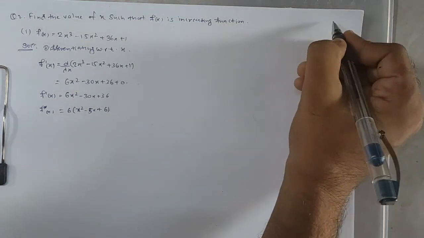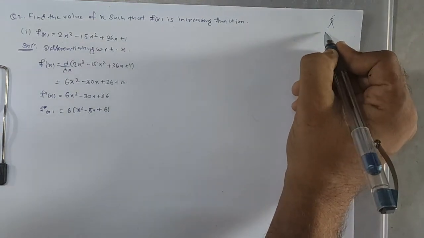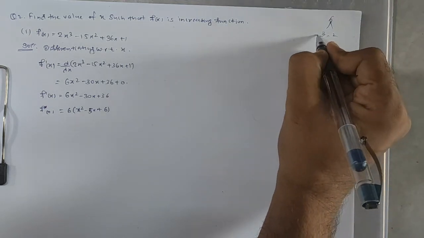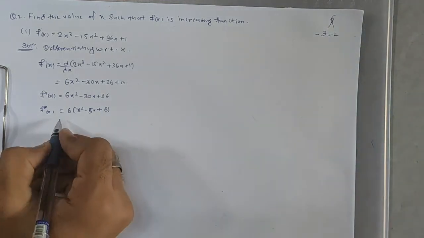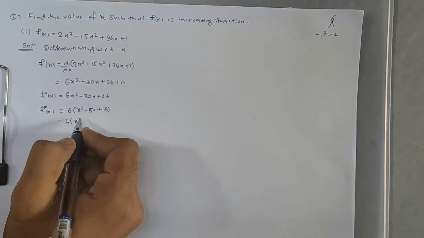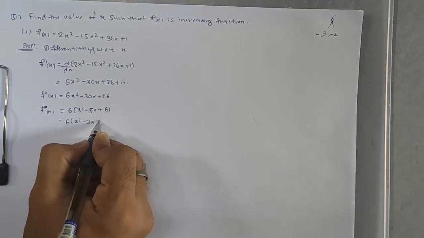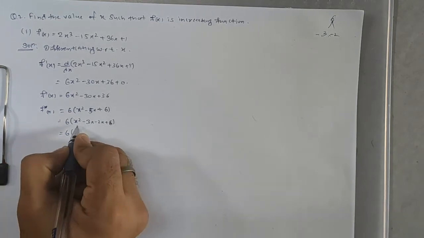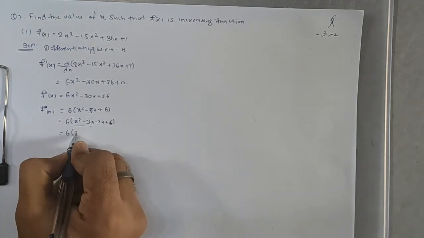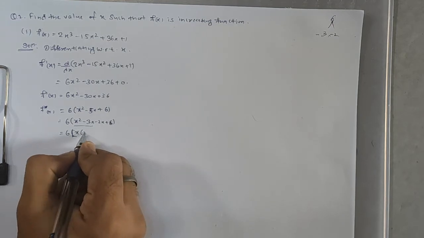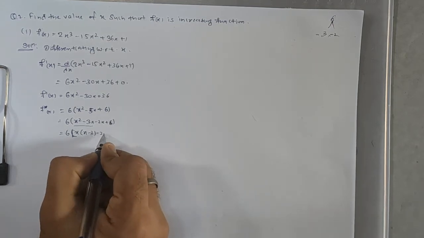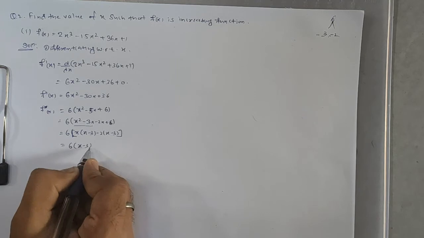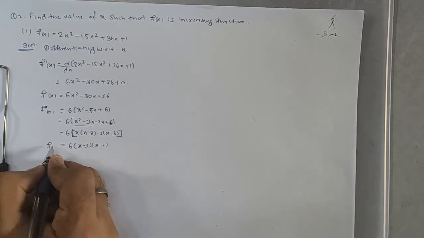The factors of 6 are 3 and 2: 3 into 2 is 6, and 3 plus 2 is 5. So this can be written as 6 into x square minus 3x minus 2x plus 6. Taking x common, we get x minus 3, and taking minus 2 common, x minus 3. Now x minus 3 is common in both, so it is 6 into x minus 3 into x minus 2. This is our f dash of x.